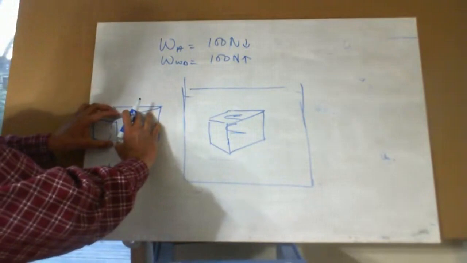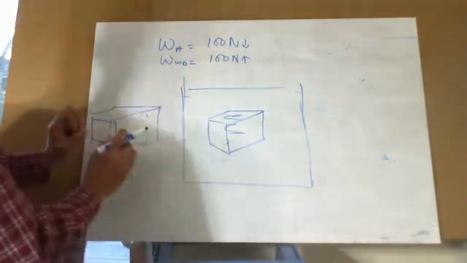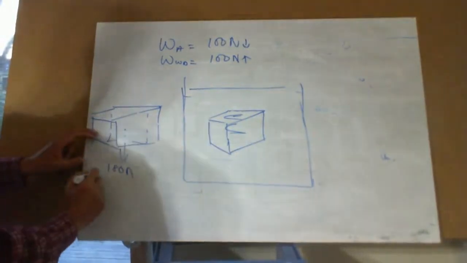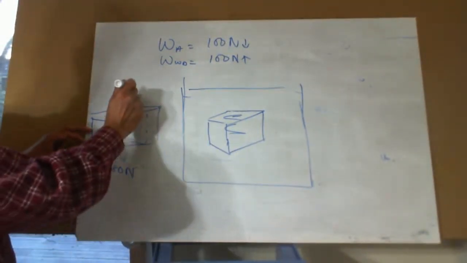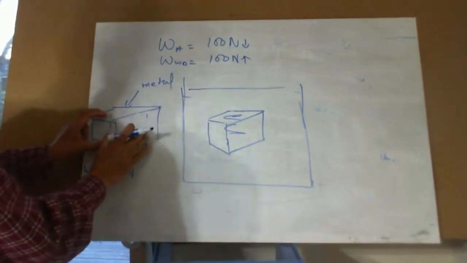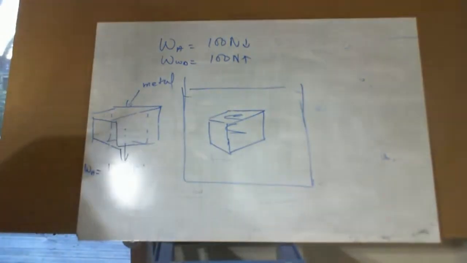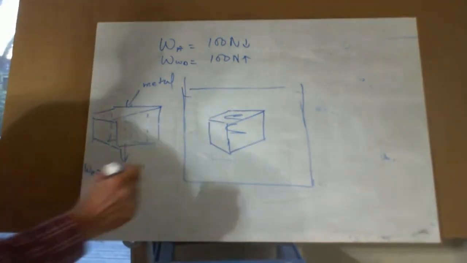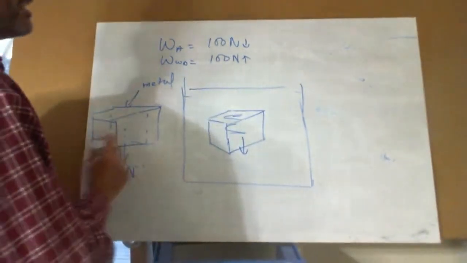If I could magically take that water out and replace it with this metal, which has a weight in air of 180 newtons, I place it exactly in that spot. It has the same volume, right? Now, what is the weight in air? The weight in air is 180 newtons.